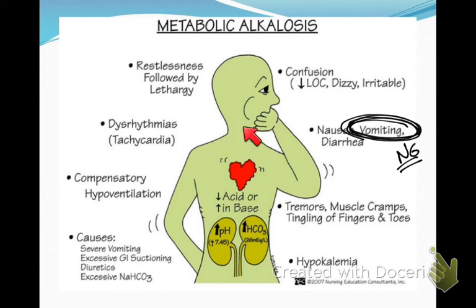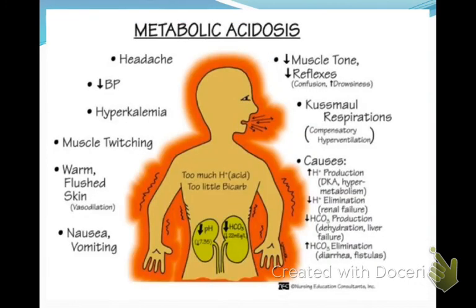Alkalosis is anything that comes out the top. Vomiting, NG tube. They're losing the acid, so the bicarb goes up. Acidosis, think of the bottom end. These are the diarrhea, right? They have too much acid, so they have too little bicarb.